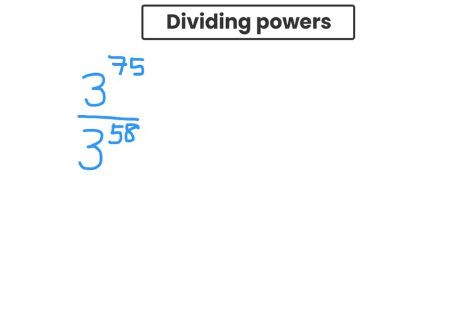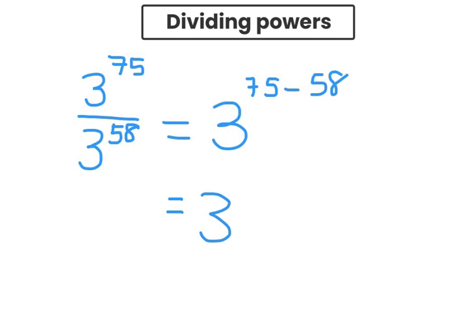What we'd be left with is 3 times 3 times 3 times 3 times 3, 75 minus 58 of them, right? Because 58 of them will have been cancelled. So what we're left with is 3 to the power of 17, right? There's only 17 threes left being multiplied at the top.